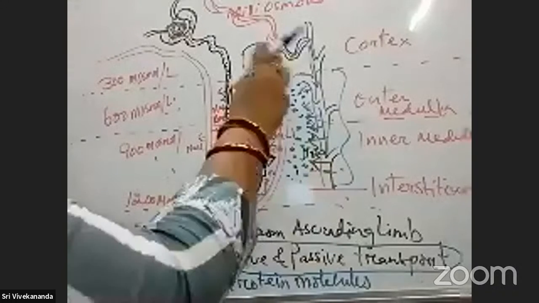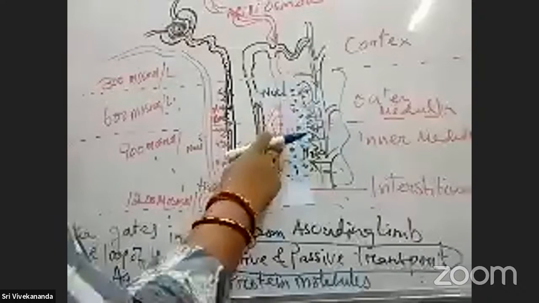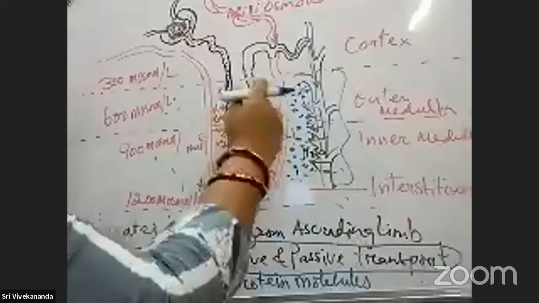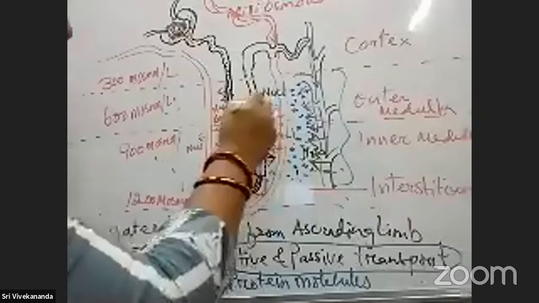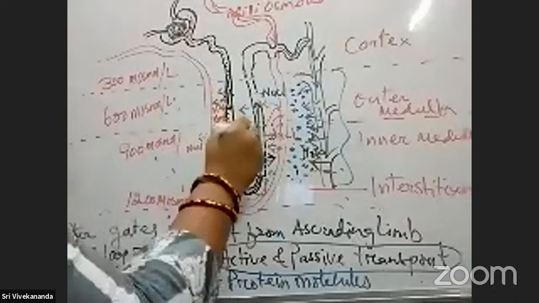So some amount of sodium chloride remains here. Some will enter the vasa recta. Some will move through the interstitium from this side to this. Okay, some will move here.